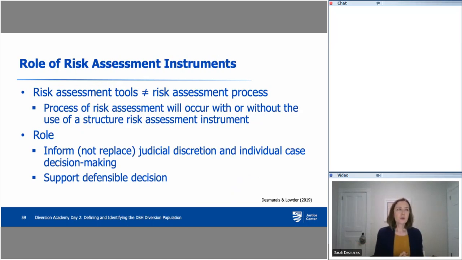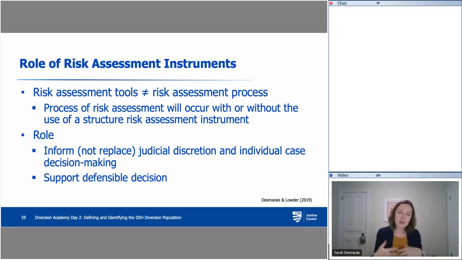I know you're waiting for me to get to the point to say, here are the tools you should be using. I wanted to emphasize that a risk assessment instrument is not the same thing as a risk assessment process. Even if you're going to be implementing, which I recommend you do, a structured risk assessment tool, it doesn't negate all those other things that are going to need to happen.